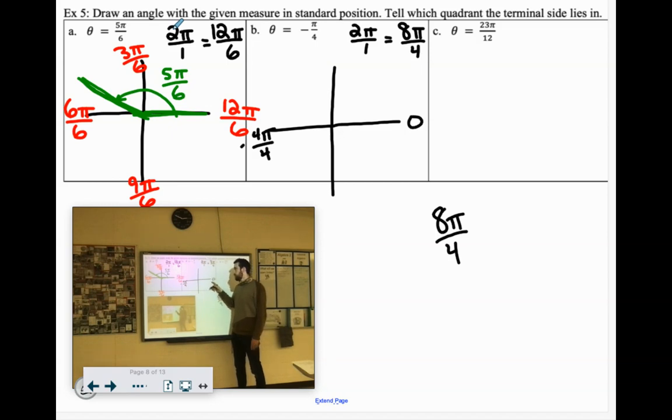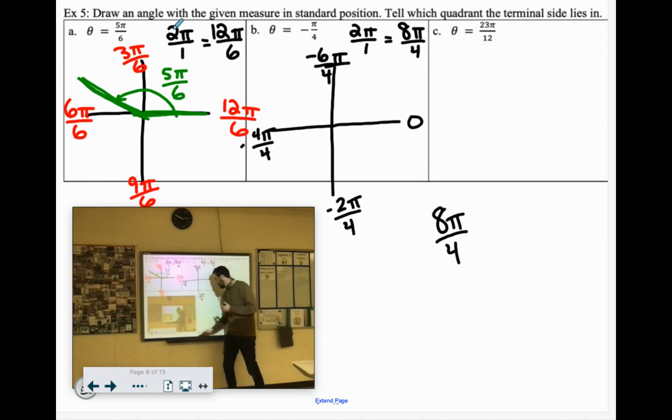So between 0 and negative 4 pi over 4 would be negative 2 pi over 4. So every quadrant is going to be 2 fourths. So negative 2 fourths, negative 4 fourths, negative 6 fourths, and negative 8 fourths, and negative 10 fourths, negative 14 fourths. It keeps going like that. So let's get that angle. Here's our initial side.